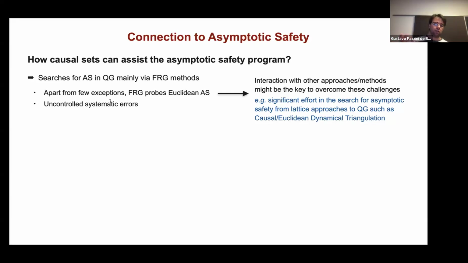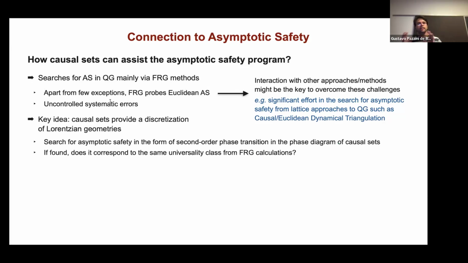In this sense, I should note that there is a lot of effort on searches for asymptotic safety from the lattice community, in particular for Euclidean and causal dynamical triangulation. The key idea here is to also try to search for asymptotic safety from a causal set perspective.